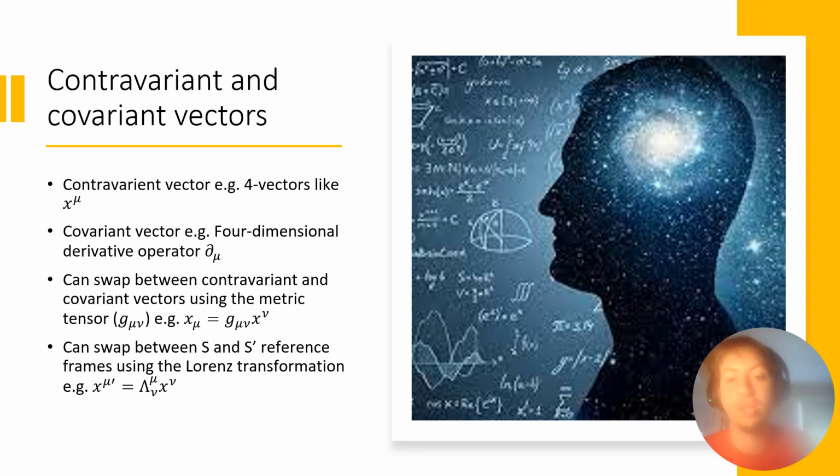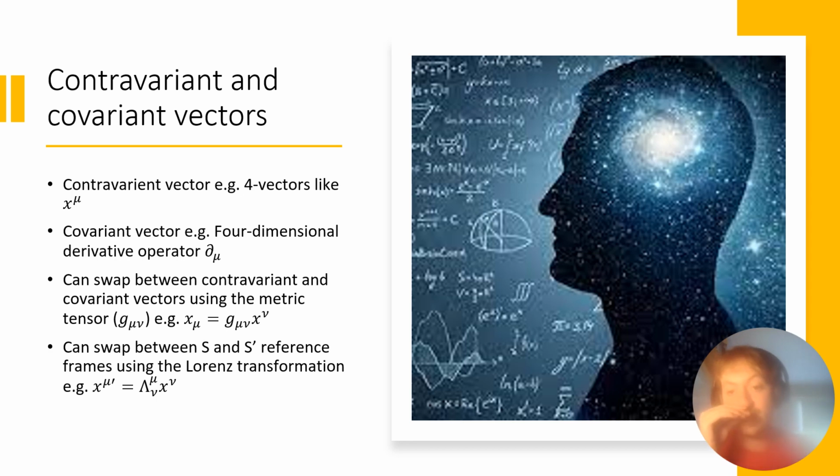And it's worth saying that the metric tensor, for the case of quantum field theory in flat space-time, is the Minkowski metric. But if you're worrying about quantum field theory in curved space-time, then the metric tensor will be different.